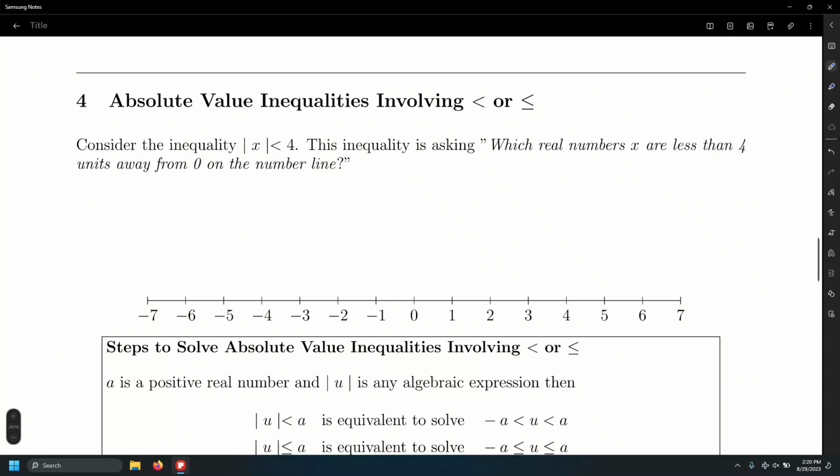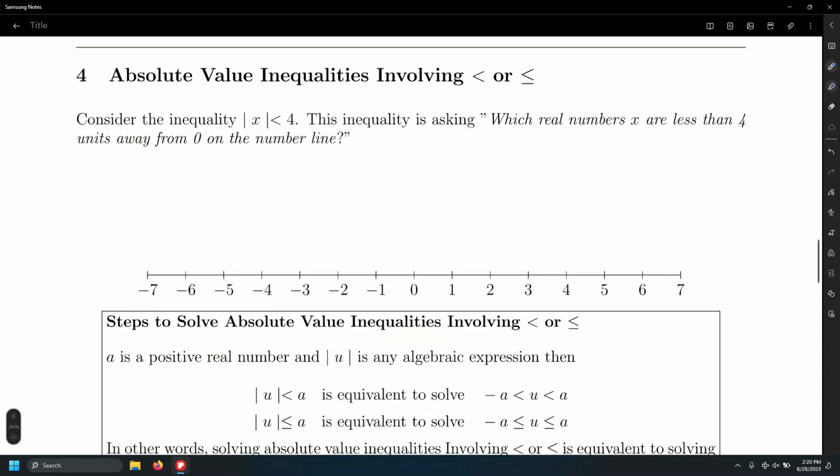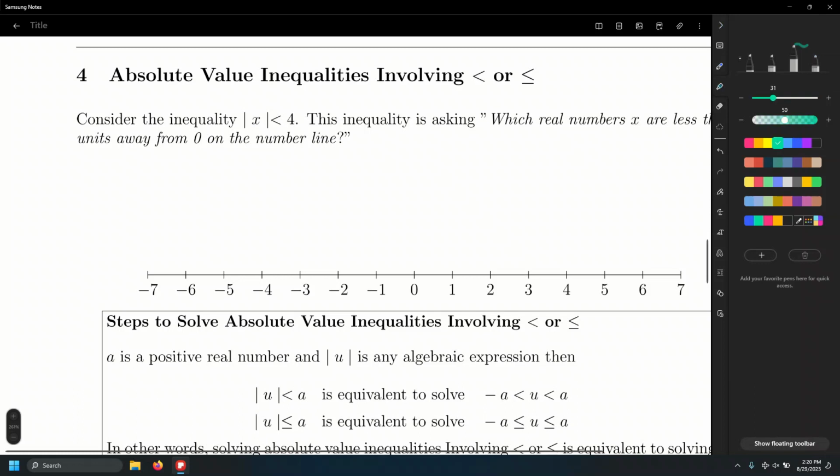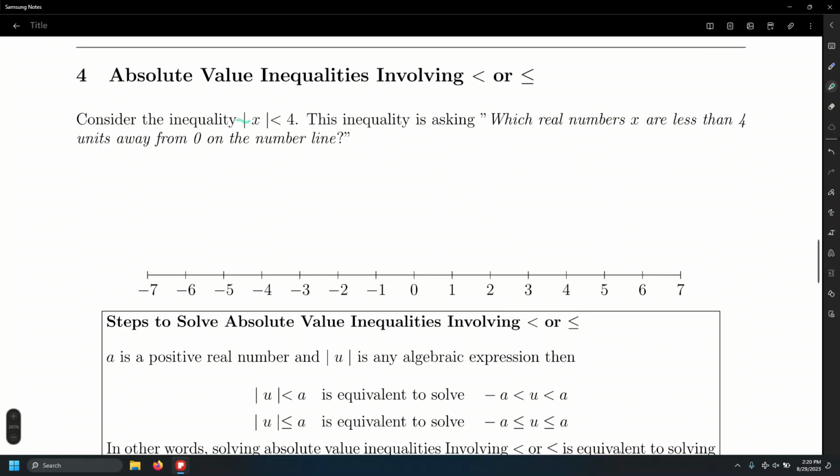Let's consider a very simple case: the inequality absolute value of x less than 4. This inequality is asking which real numbers x are less than 4 units away from 0 on the number line. That's the question that we want to answer.